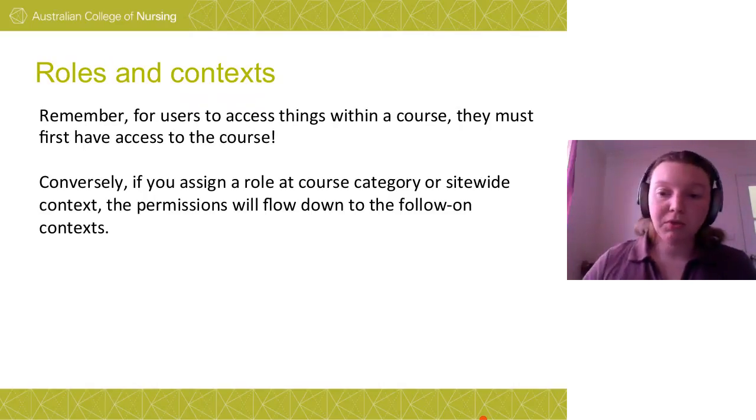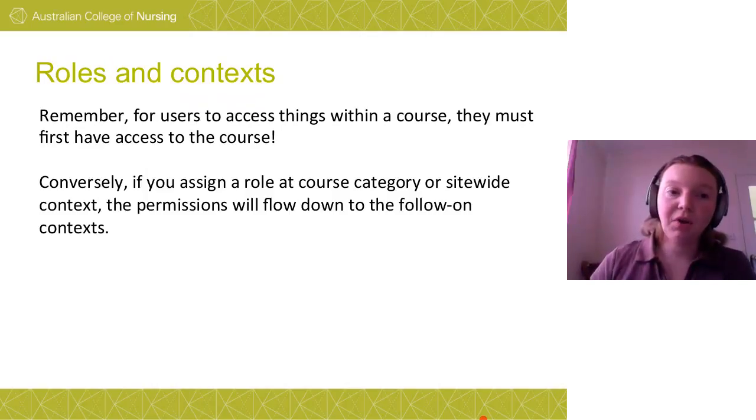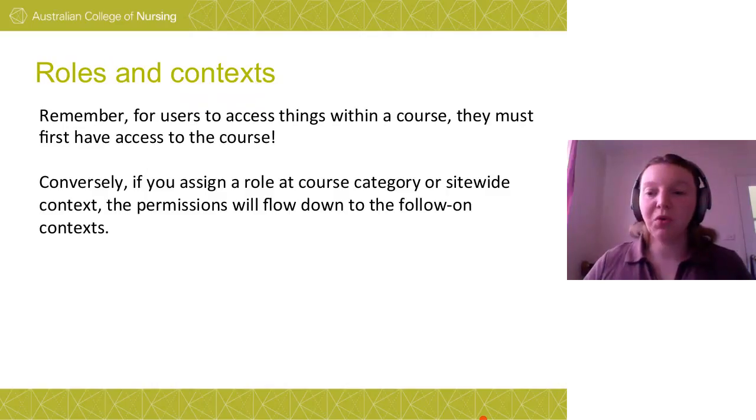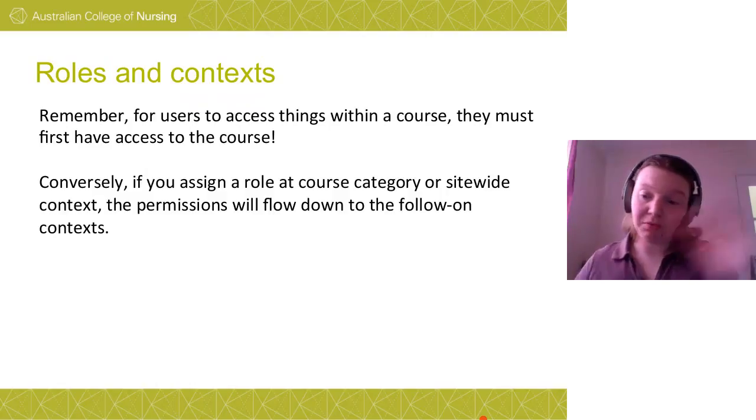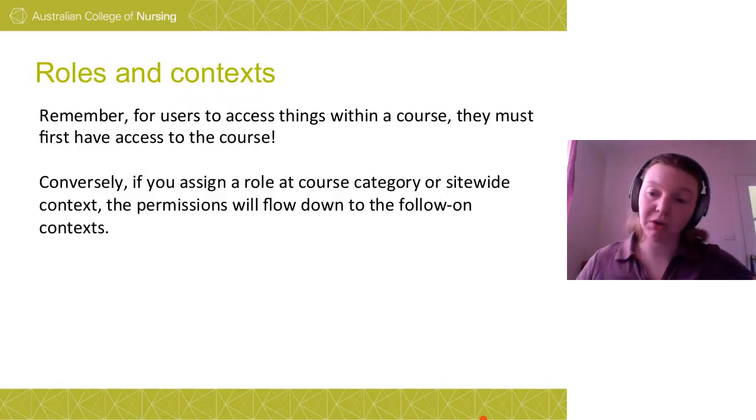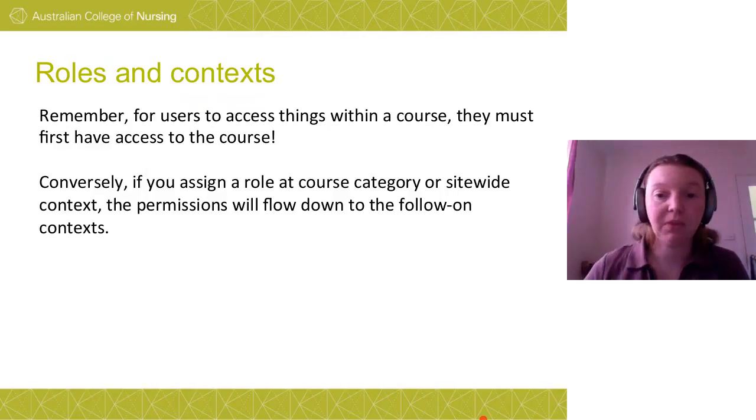I'm assuming most of you have some either access to an admin or some admin experience yourself. So do remember, if users are going to access things within a course, they've got to have access to the course somehow. They're either enrolled into the course or given a role, so added to the course but given a role at a resource or activity level, or they've got that higher course category or site-wide context access.